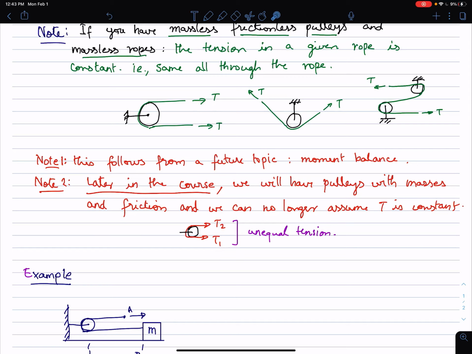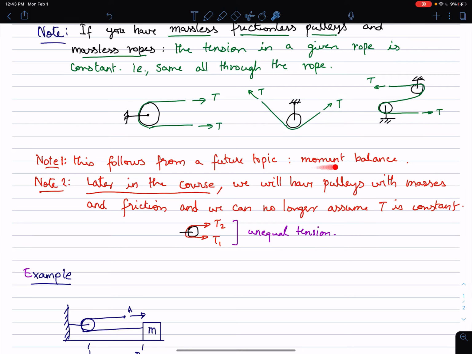It actually comes from a topic that we have not officially covered so far, basically moment balance. You would have seen a statics version of this, but this is the dynamics version. But basically, if you take moments about this point, then for the pulley to not accelerate arbitrarily fast, the moment due to this tension and this tension need to cancel about this point, so the tensions should be equal.